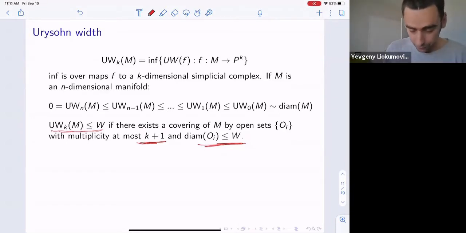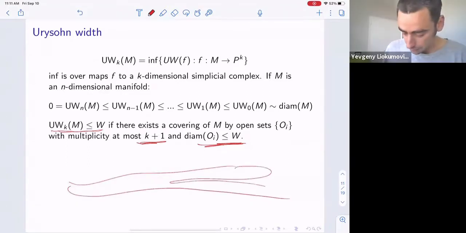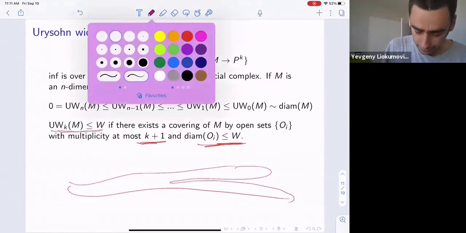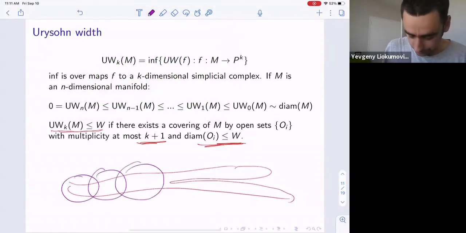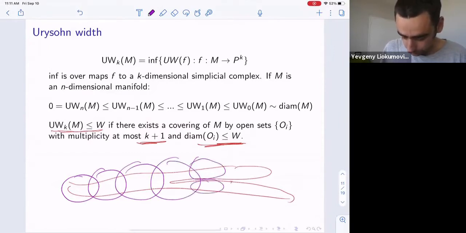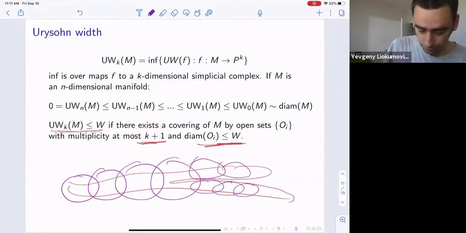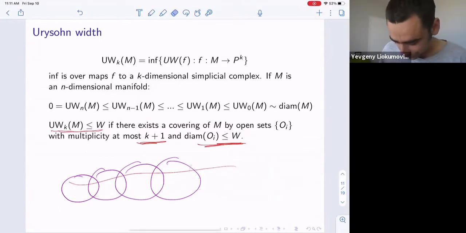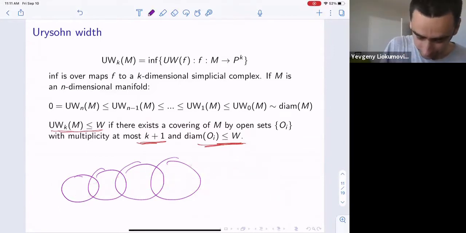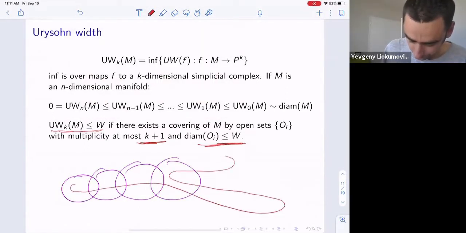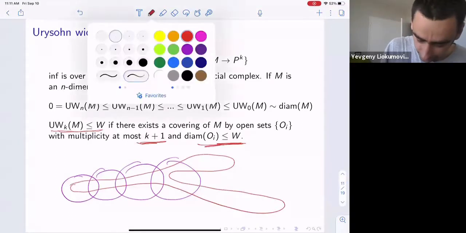The idea is that if you have a metric space and you consider a covering of this space, it's not a very good picture. So I drew these things too close to each other. Maybe that's better.